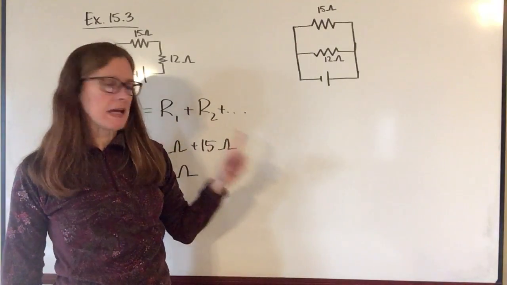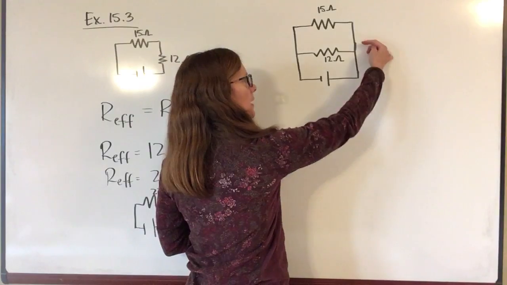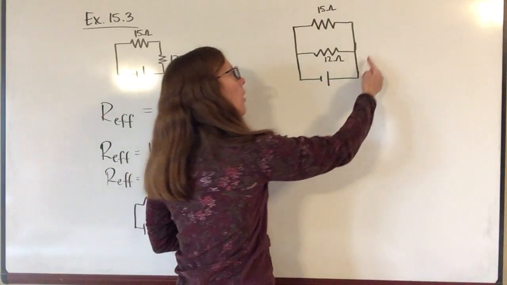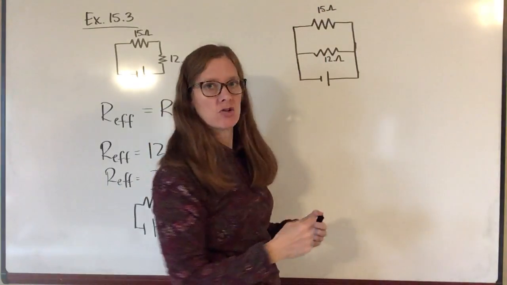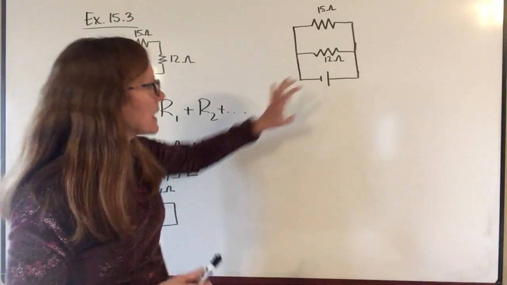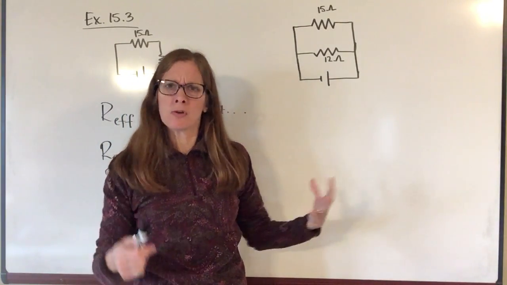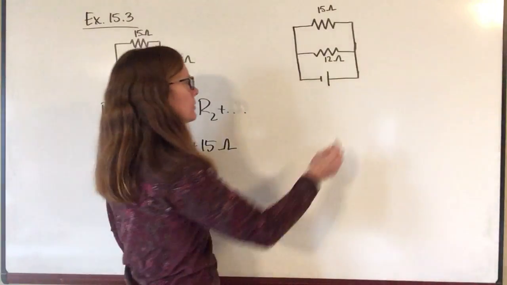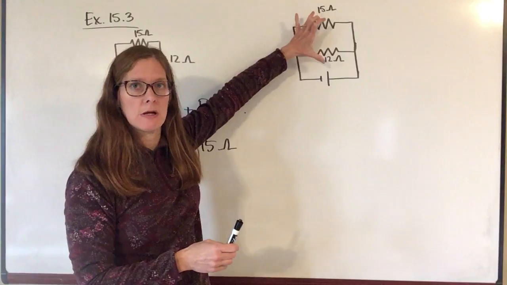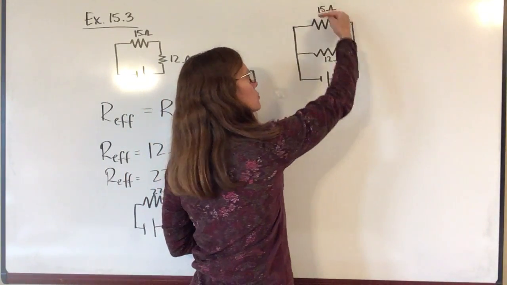The difference here is that when the current goes around the circuit, it has a choice. It can either go this direction or it can go this direction. It's not going to go through both of them. It's only going to go through one. Again, if you make an analogy to road construction, there's going to be road construction either way that you go, but you can choose this one or you can choose this one.